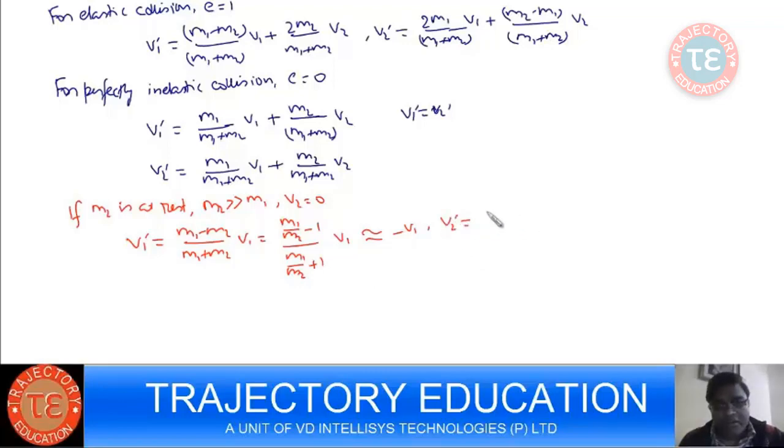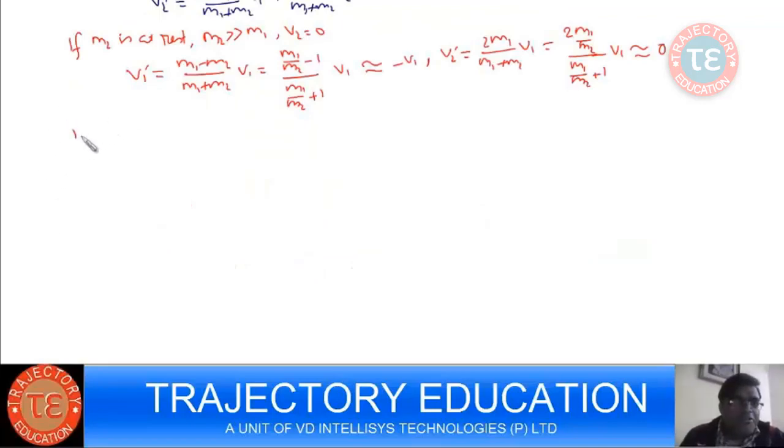Let's see: 2 m1 v1 over m2 upon (m1 by m2 plus 1) gives me 0. v2' is 0. So v1' is minus v1 and v2' is 0. The wall doesn't move. The ball rebounds, comes back with the same velocity and comes to your hand. That's the case of elastic collision.